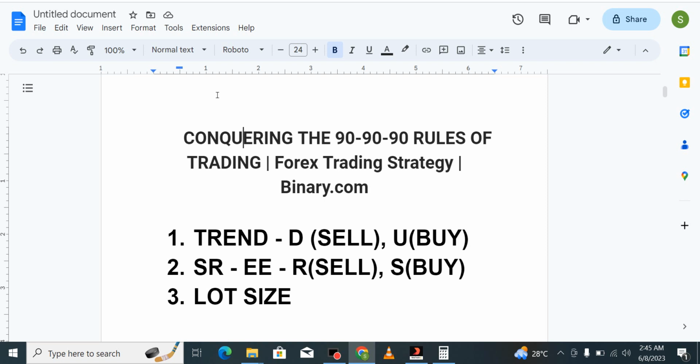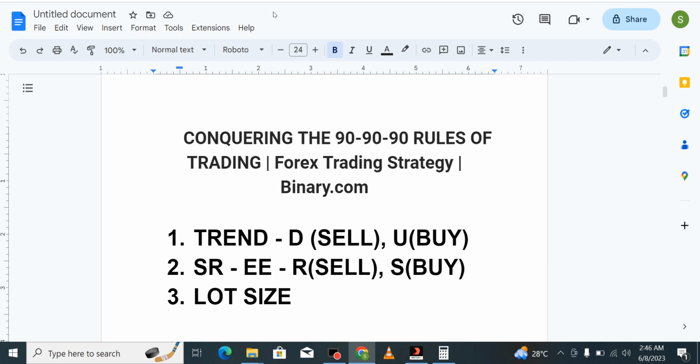This 90-90-90 rule actually states that 90% of traders lose 90% of their capital within 90 days. That is something that is common with most newbies or new traders.